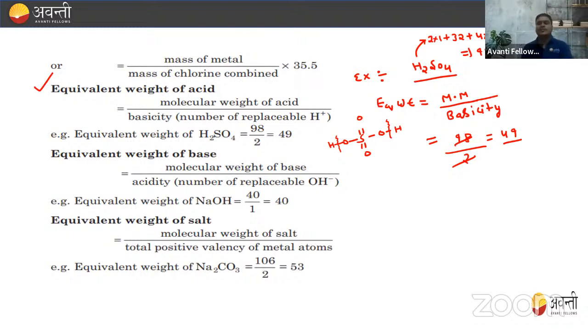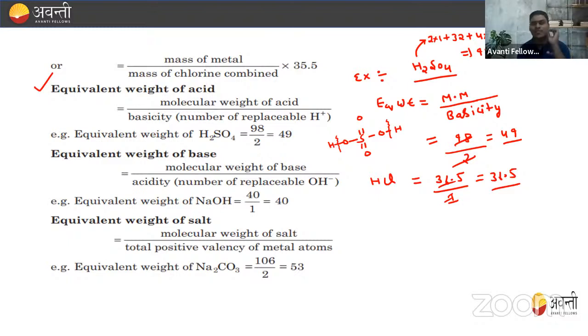So similarly, if you want to calculate the equivalent weight of HCl, we know that in case of HCl we have only one replaceable hydrogen atom, right? So the molecular mass is 36.5, divided by the replaceable hydrogen, that is only 1. So in this case, the equivalent weight and the molecular weight remain the same, that is 36.5.